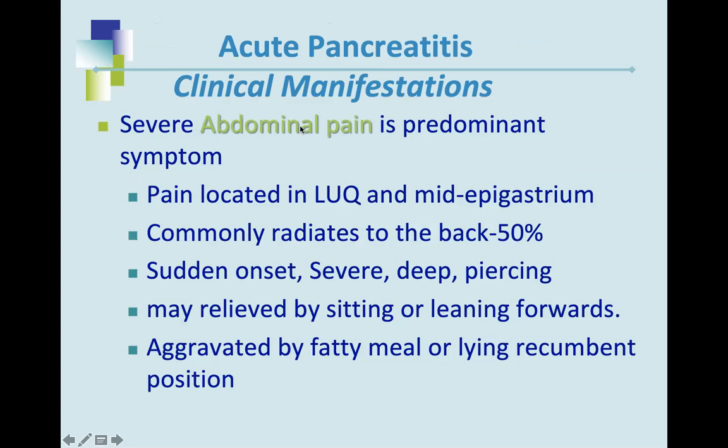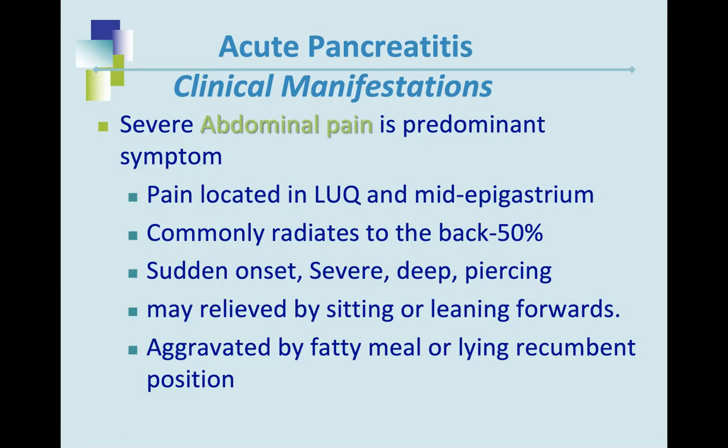How does it present? It presents with abdominal pain. It's the main symptom, and pain is located in the left upper quadrant or mid-epigastric region, and commonly it radiates to the back. Why the back? Because the pancreas is a retroperitoneal structure, so that may be the reason.